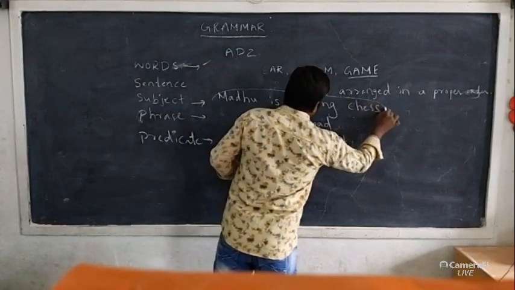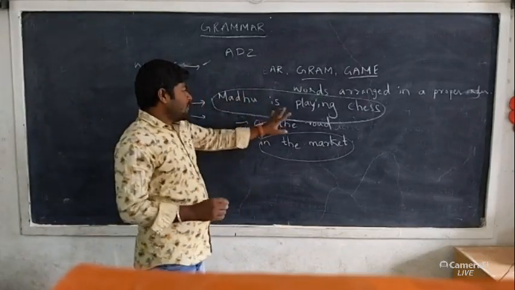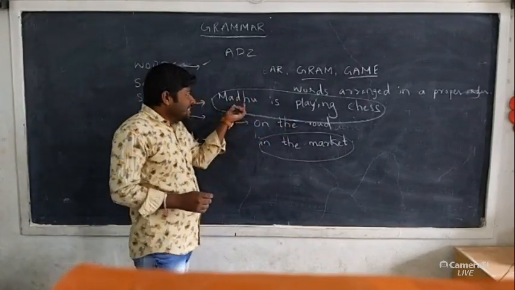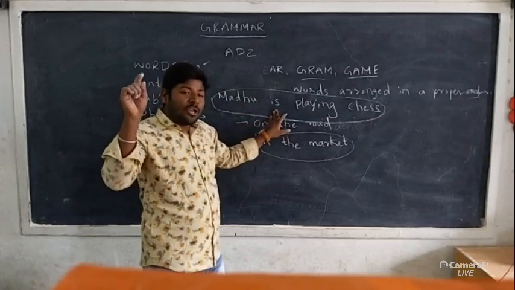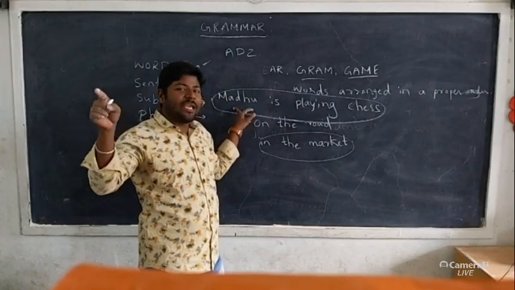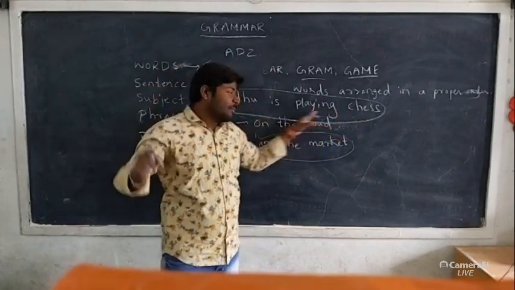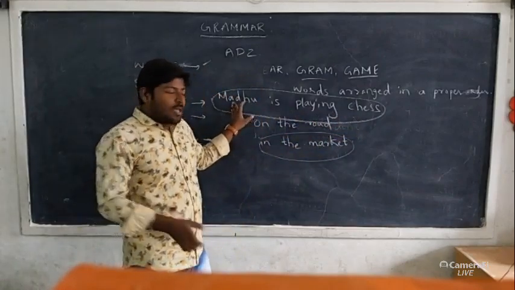So here we have a sentence. Madhu is playing chess. Madhu is a subject. Whom do I talk about? I am talking about Madhu. What is he doing? He is playing chess. So I am talking about Madhu. That is why Madhu is the subject.